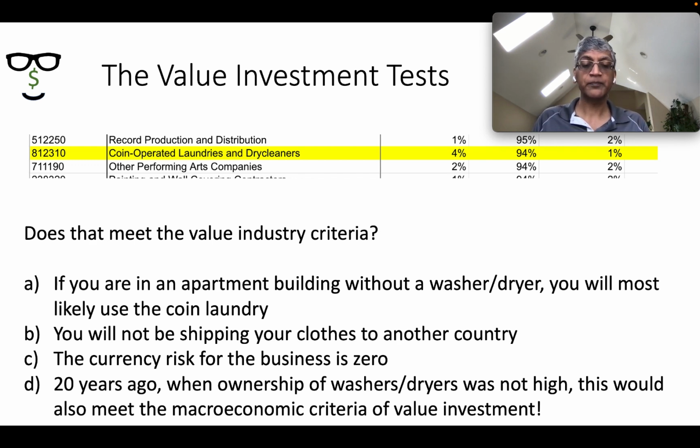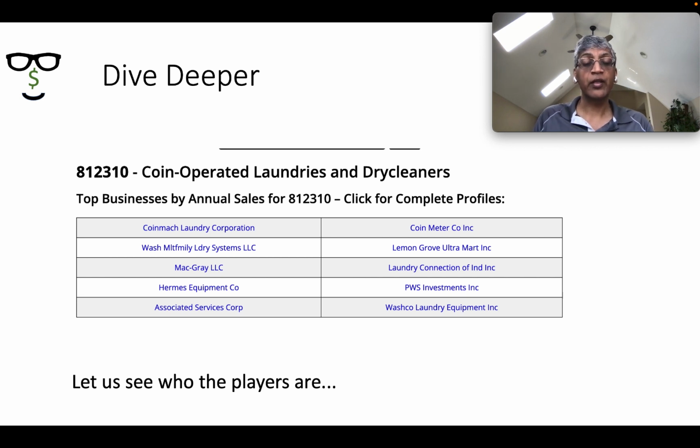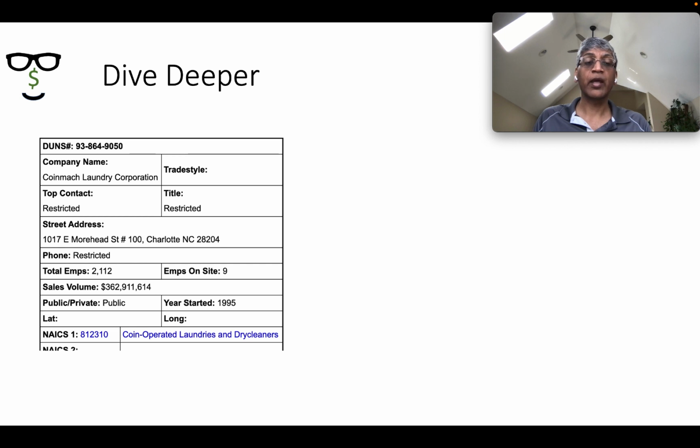Very, very interesting. Well, here is the next part. If we dive deeper and say, I wonder who is in that business, and how big can a 25-cent coin operated laundry really get? Here are a handful of companies. I clicked one of them, and it's $363 million, CoinMark Laundry Corporation. How about that?